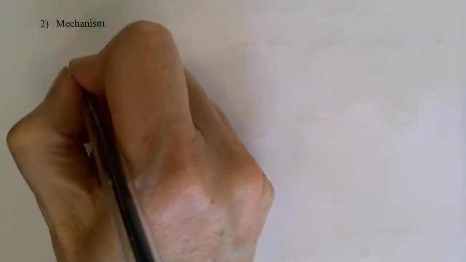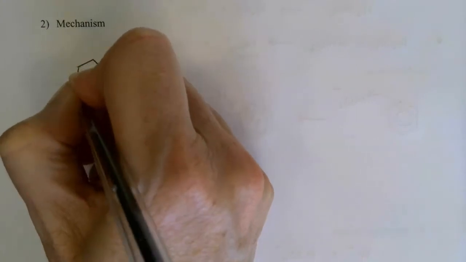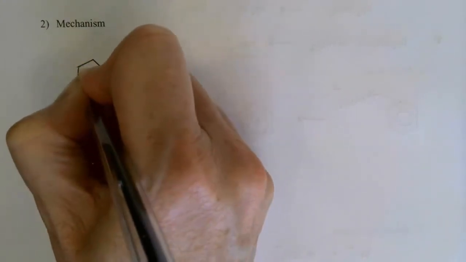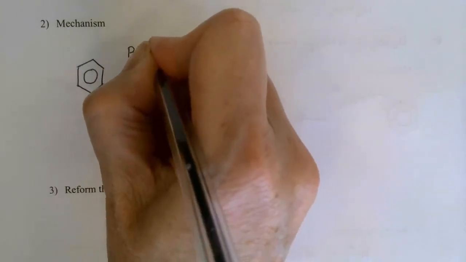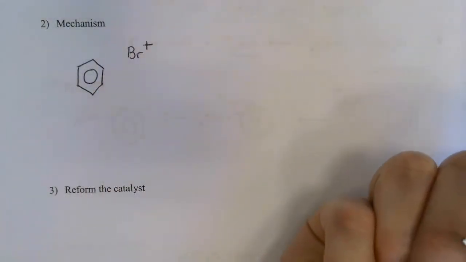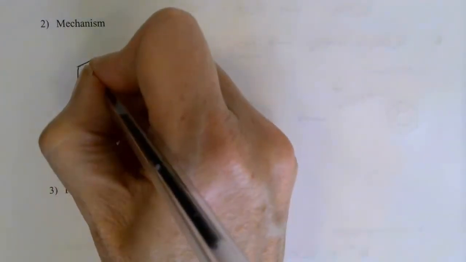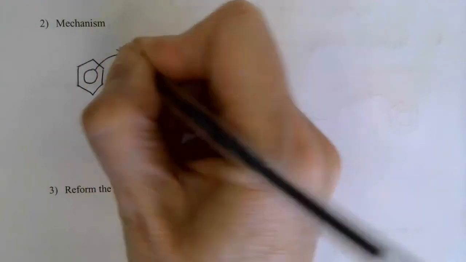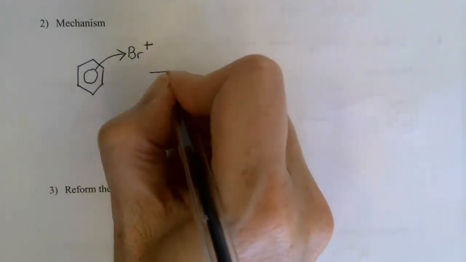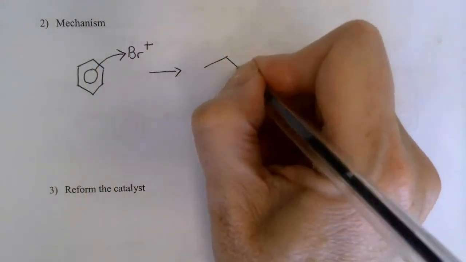The mechanism is very similar to the one before. We have my benzene ring, my ring of delocalized electrons. We have my Br positive. Remember, curly arrows show movement of a pair of electrons. So the pair of electrons is coming from the ring to the bromine. It will show the direction of the movement of the electrons. This makes my intermediate.